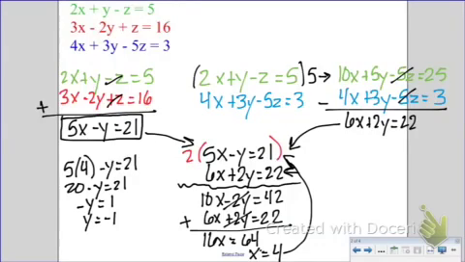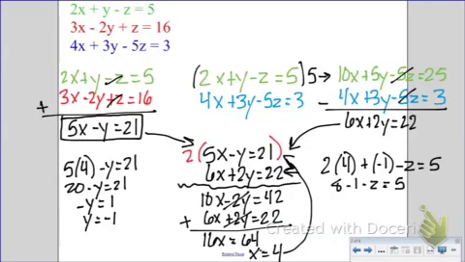And the last thing is to use both the x and the y in one of the three originals. So let's try the very first one, the green one. 2, plug in 4 for x, plus y is negative 1, minus z equals 5. 8 minus 1 minus z equals 5. So 7 minus z equals 5.